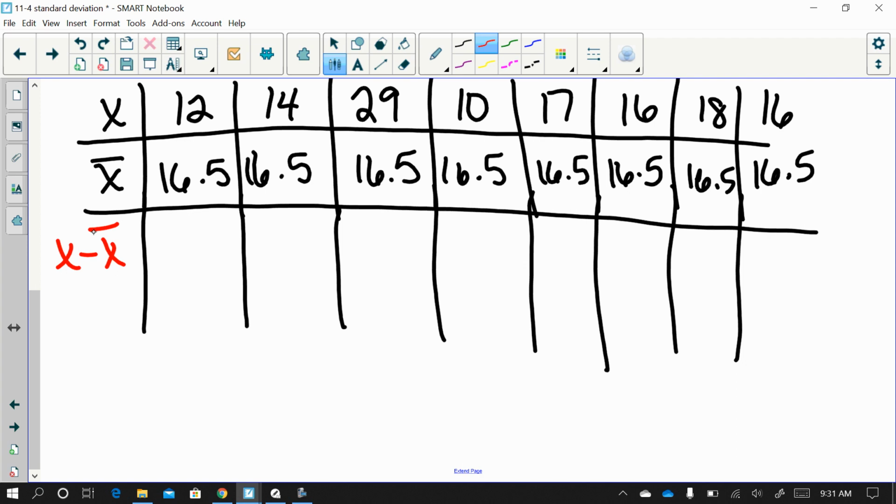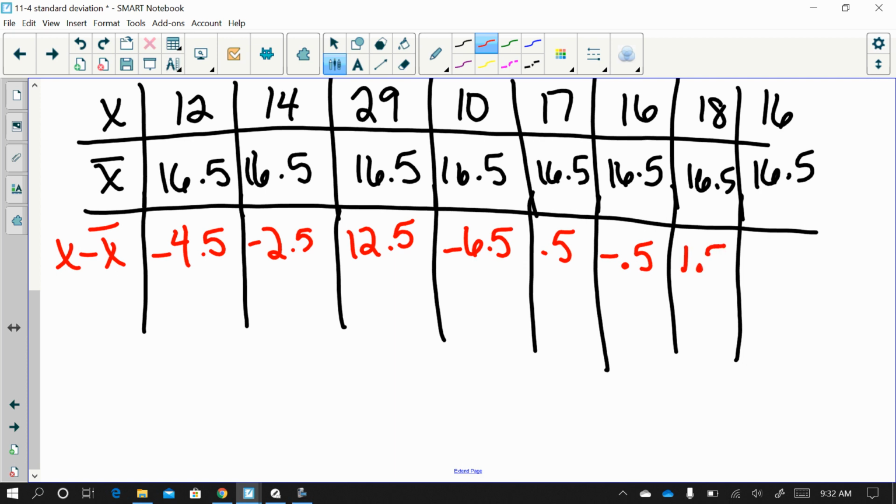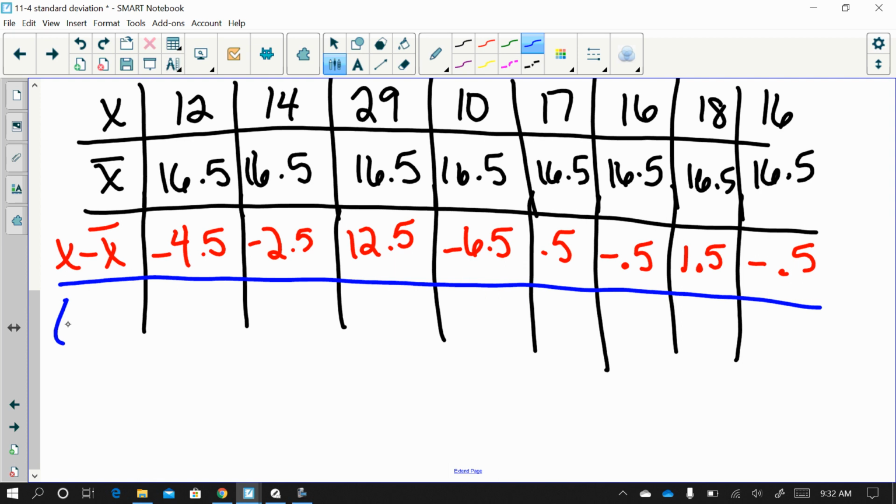Okay, so 12 minus 16.5, negative 4.5, 14 minus 16.5, negative 2.5, 29 minus 16.5, 10 minus 16.5, 17 minus 16.5, 16 minus 16.5, 18 minus 16.5, 16 minus 16.5. Okay, then the next thing we do, we square those.